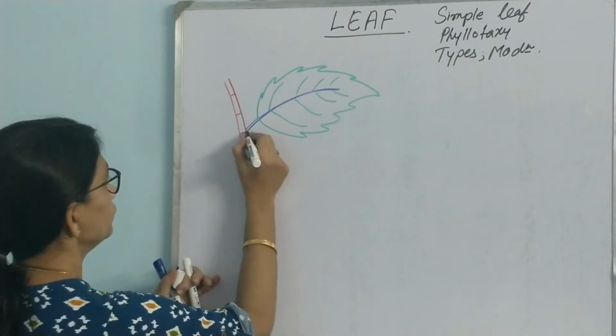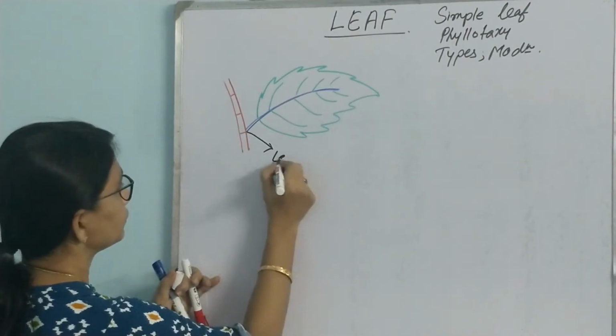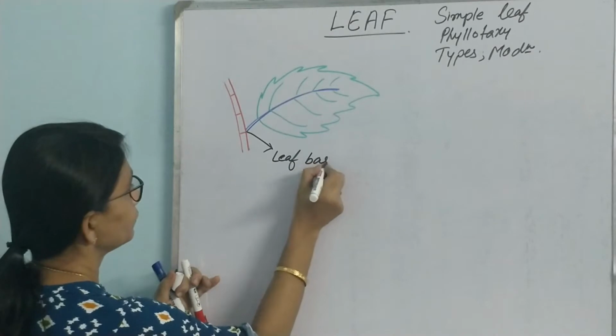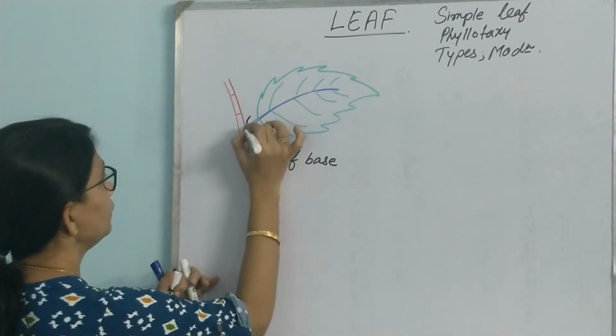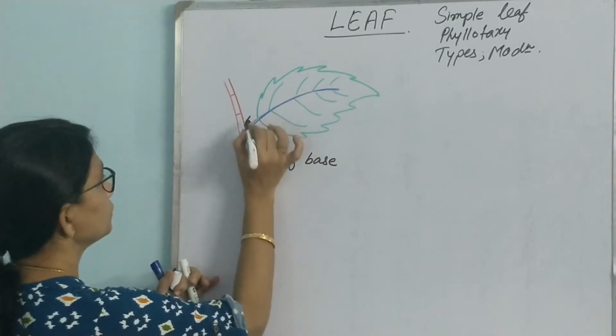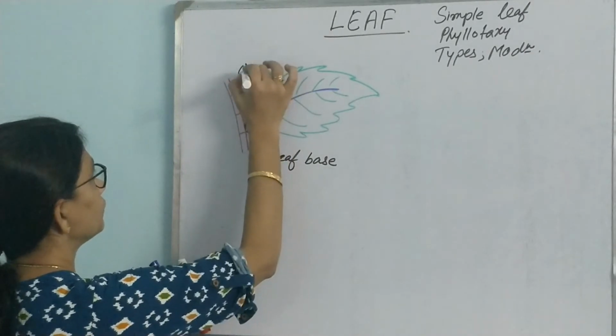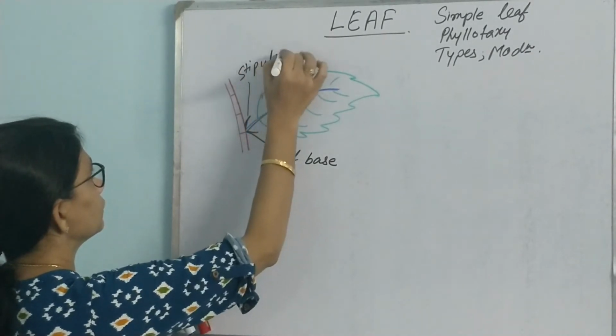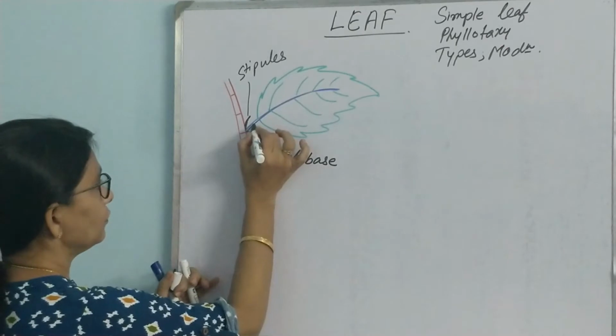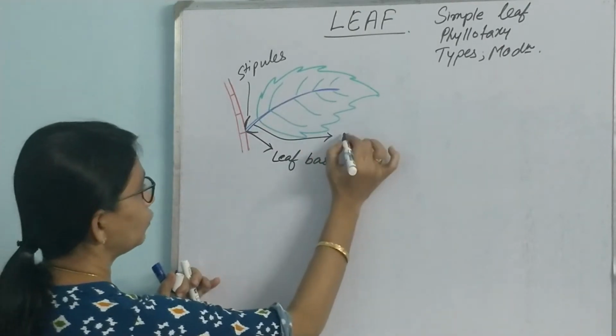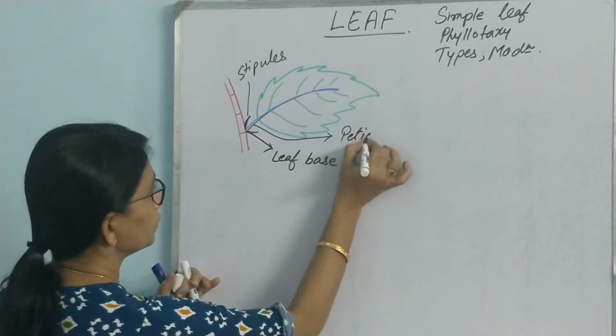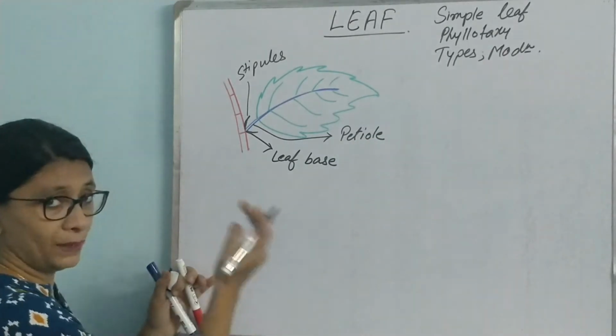This is node and this is leaf base. We sometimes see stipules in the leaf base. Then from the leaf base will come out petiole, which holds the leaf blade with the branch.